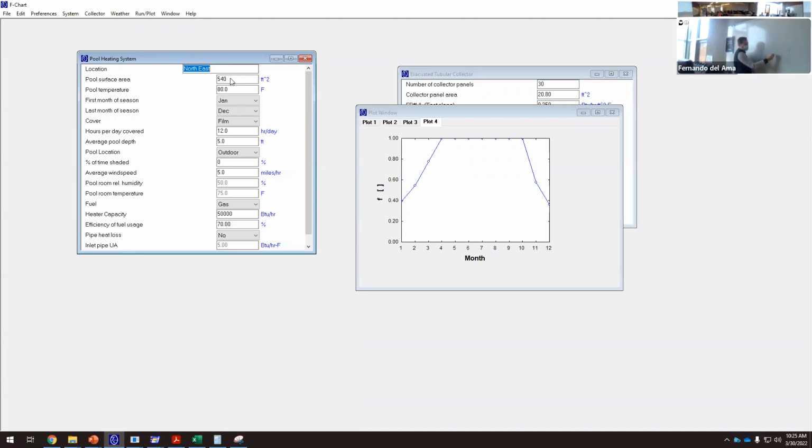Let's say that the temperature of the swimming pool has to be 70 Fahrenheit. Comfort temperature. It's not too warm. It's not too cold. Just 70 Fahrenheit. We have connected this swimming pool to the solar collector. This is the solar collector. Okay, so we have connected somehow the swimming pool to the solar collector.